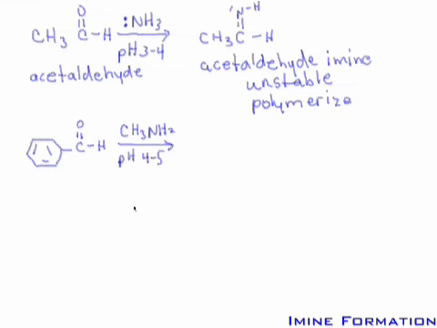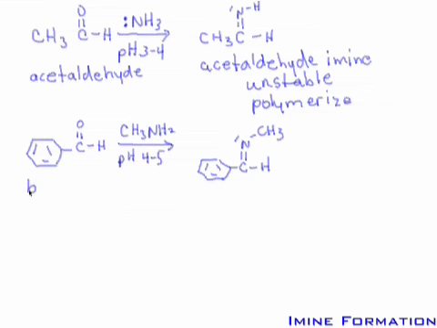In order to understand the function of such pH windows, we will need to look at the reaction mechanism, and we will shortly. The result is the replacement of the oxygen in the C double bond O with a C double bond N, and we still have the CH3 off. The CH3 helps prevent the polymerization.